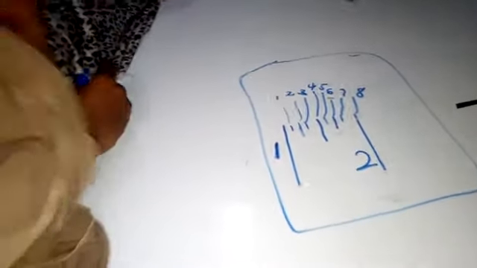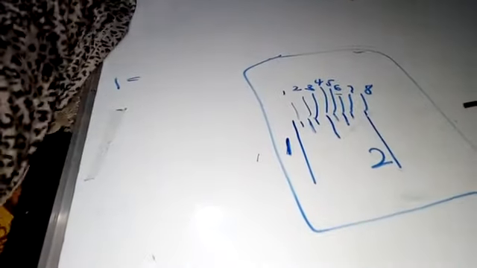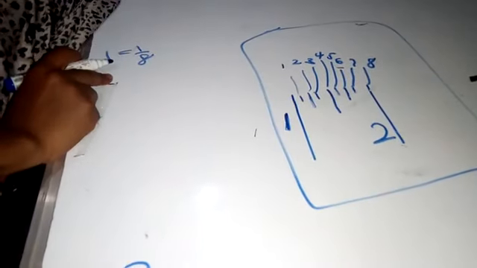So we have 1 here. This one here represents 1 over 8. Can you see?